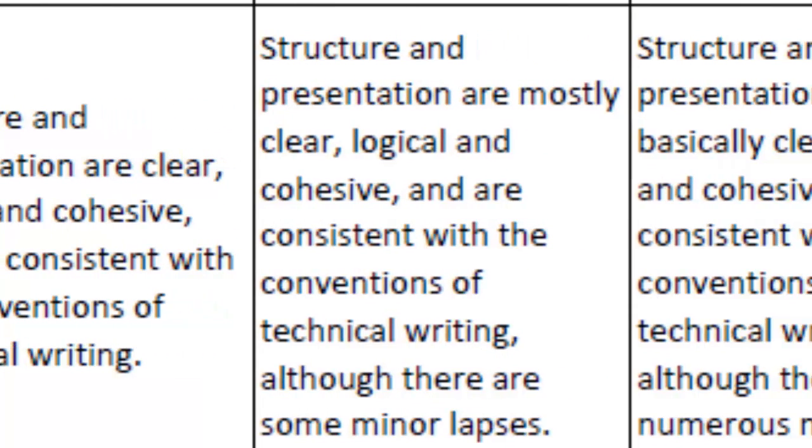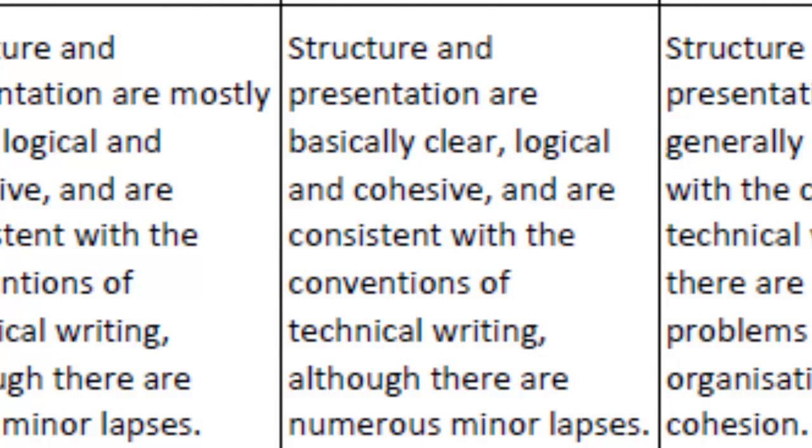A credit means that it's mostly clear, logical and cohesive and consistent with the conventions of technical writing, but there might be a few minor lapses here and there, and that kind of detracts from the overall presentation and cohesion of the document.